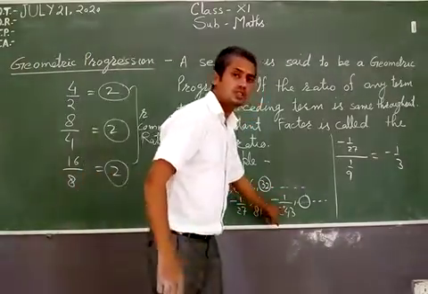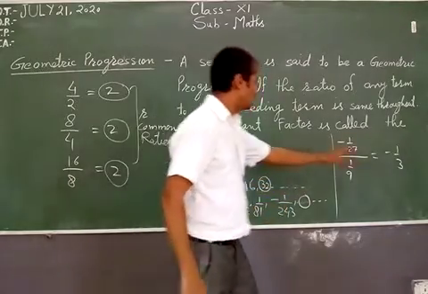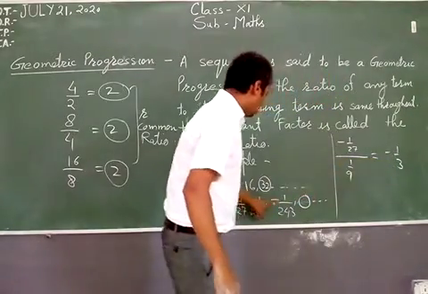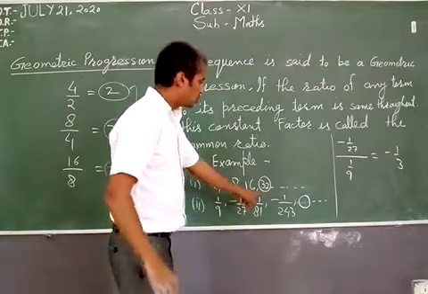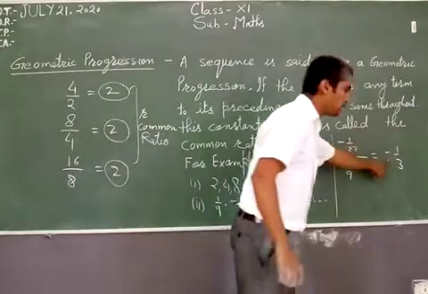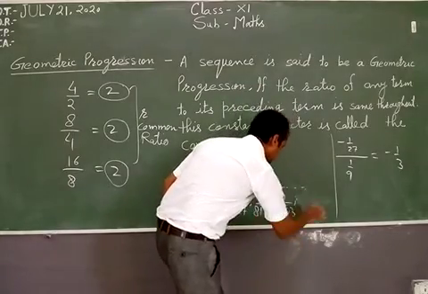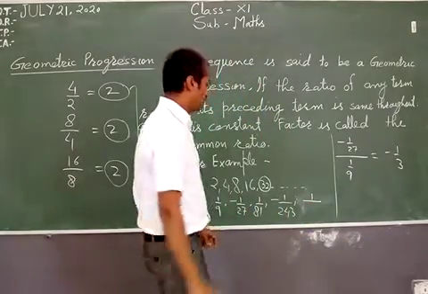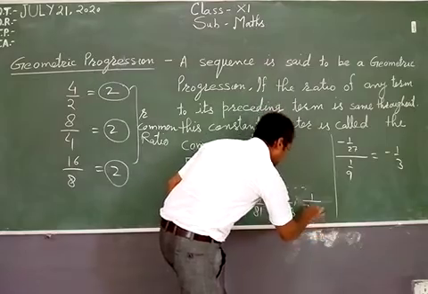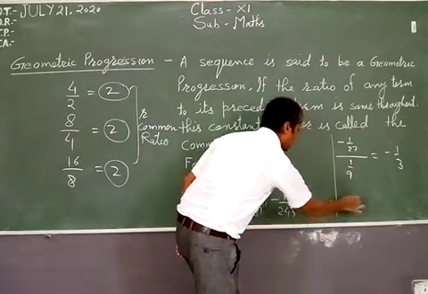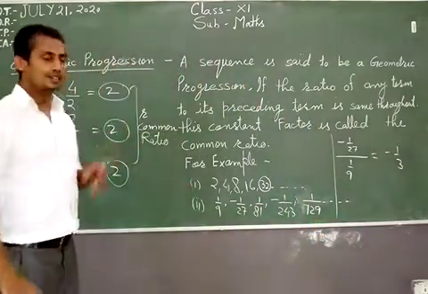Similarly, in the other sequence, we multiply by minus 1/3. Minus 1/243 multiplied by minus 1/3 gives plus 1/729, and so on.